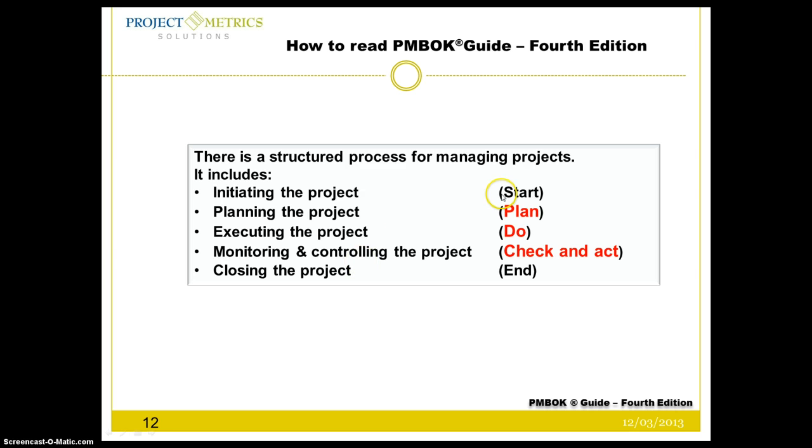There is a start and end, and there is plan, do, check, and act. If you remember Shewhart's model, invented in 1939 at Bell Labs, in order to integrate knowledge and practice, it's not going to be any different from the Project Management Institute's model.